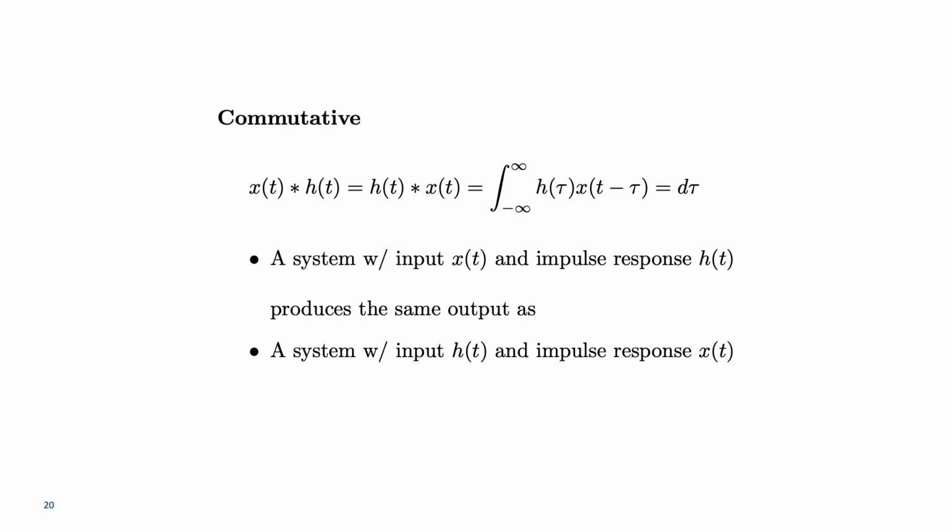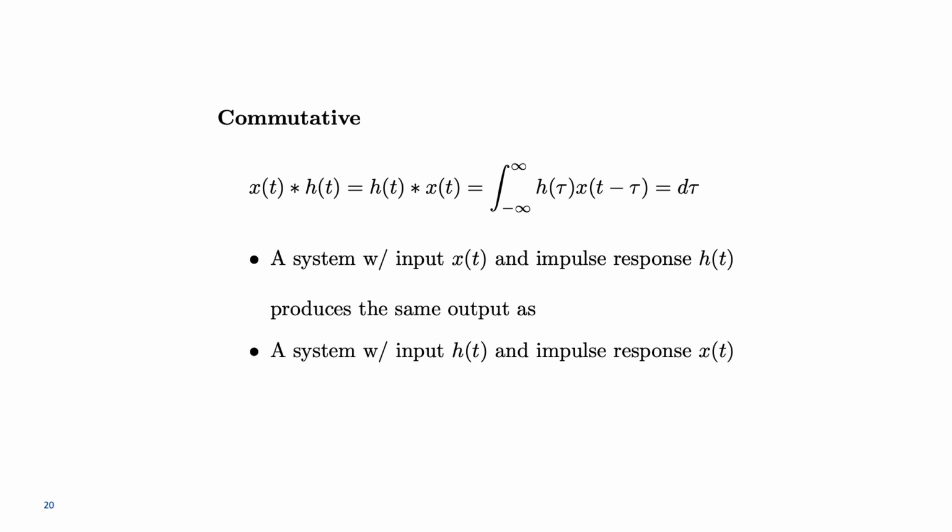So a basic property of convolution is that it is a commutative operation. It means that the roles of x of t and h of t can be exchanged. So if we want to see this in formulas, it's quite simple. x convolution h is the same as h convolution x, and it's the integral that we have previously defined.